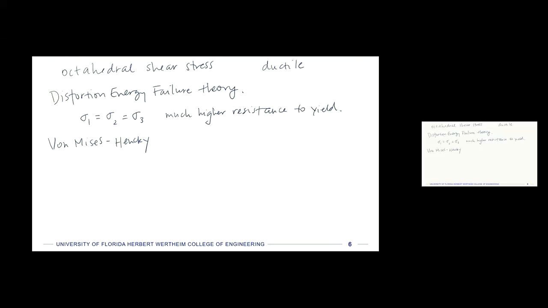And it theorizes that if the strain energy is divided into two parts, so I'm just going to say strain energy is U, and so we're going to have two parts, and I'm going to call them V and D, because that's what the textbook says. This one is going to be the hydrostatic strain energy.